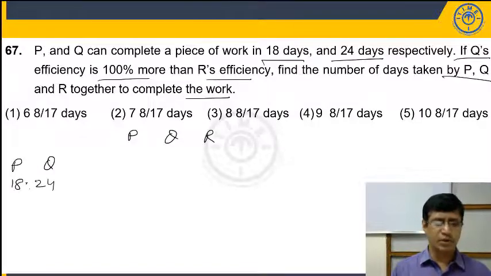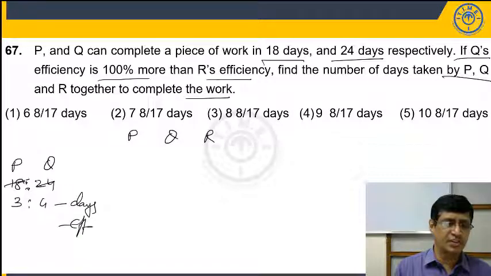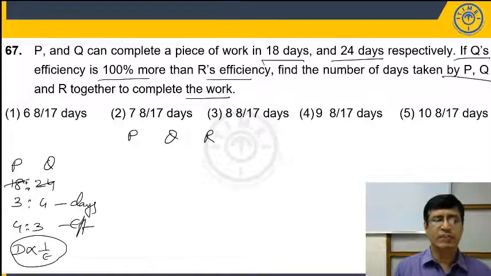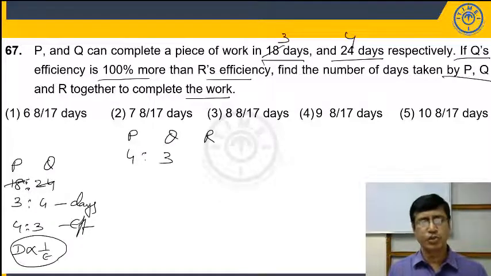So what is the ratio of efficiency of P and Q? This is the days ratio. Days ratio is equal to how much here? 3:4. This is the days ratio. How much is the efficiency ratio? It is 4:3. The days ratio and the efficiency ratio are inversely proportional. The days ratio is 3:4, so the efficiency ratio is 4:3.